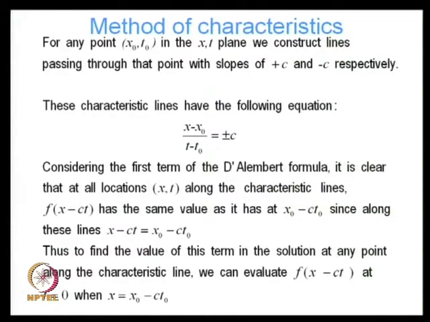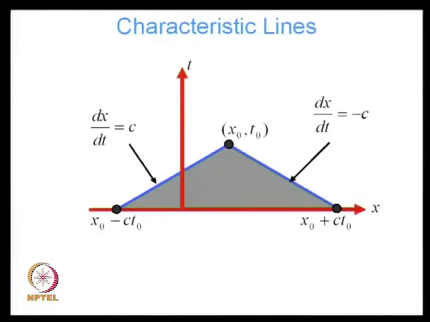So, for any point x0, t0 in the xt plane, we construct lines passing through that point with slopes of plus c and minus c respectively. You can see that this line has a slope dx by dt equal to c, passing through x0, t0, and this line has a slope of dx by dt equal to minus c.